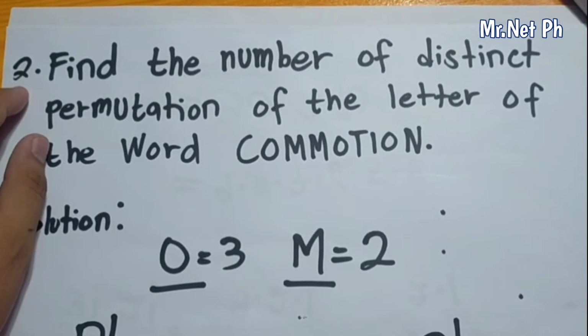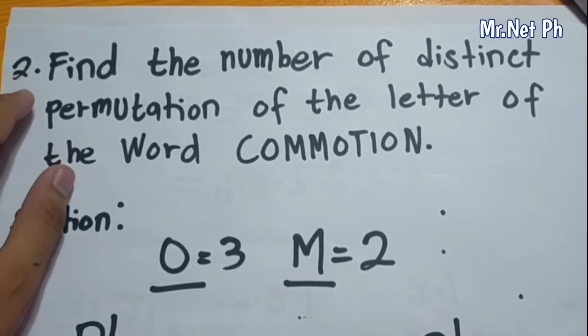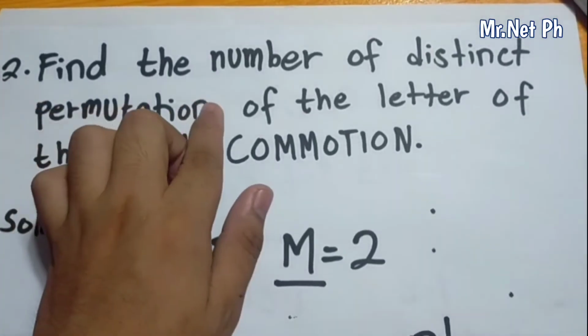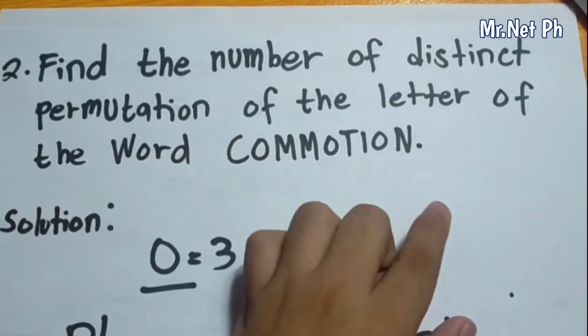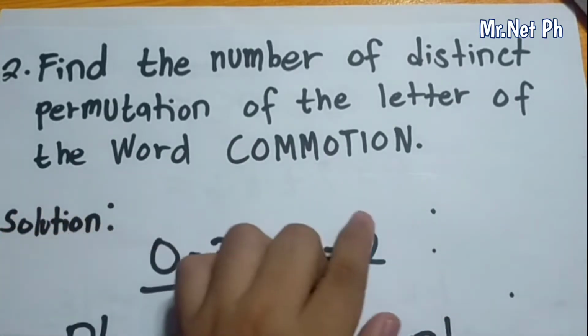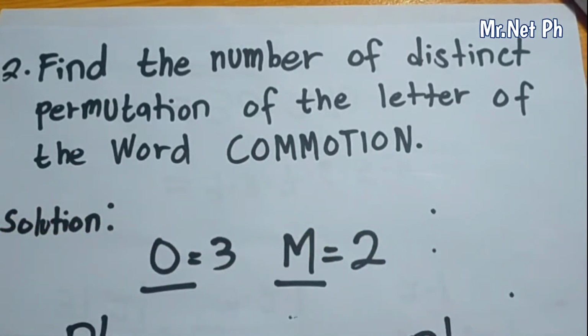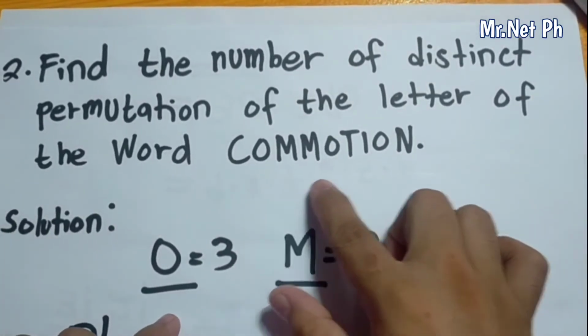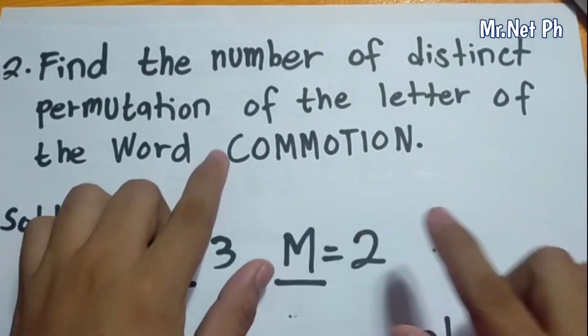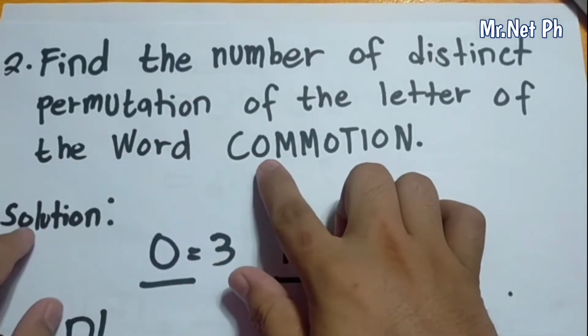So here is the problem of distinct or distinguishable permutation. Find the number of distinct permutations of the letters of the word commotion. So sa solution natin, ang common letters of the word commotion, C is 1, yung O 1, 2, 3.